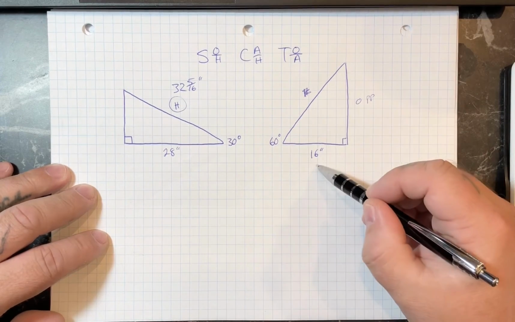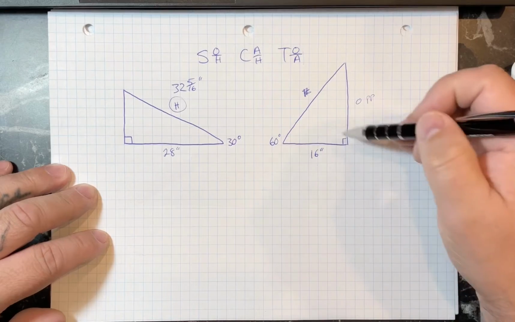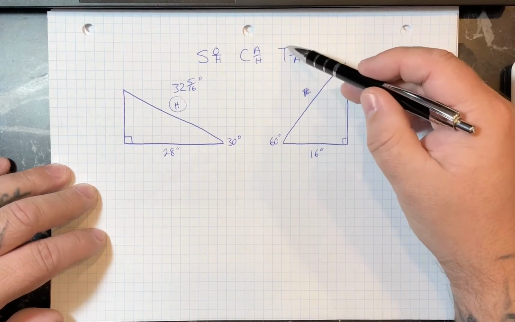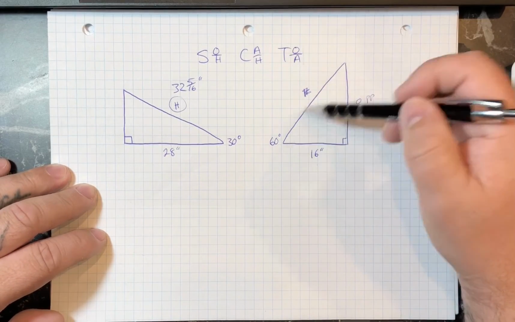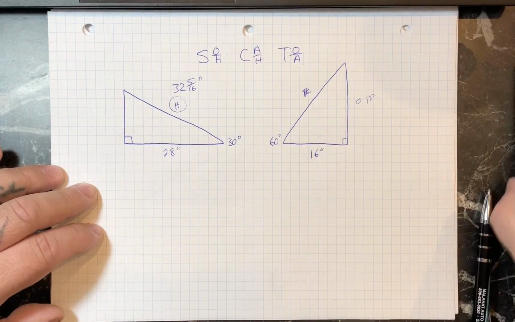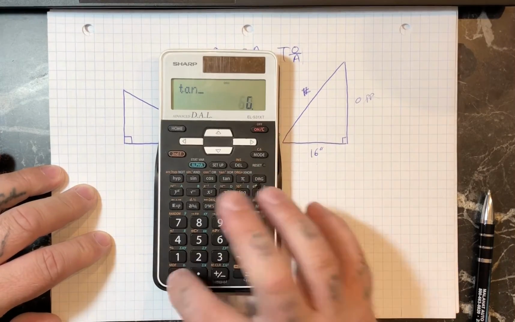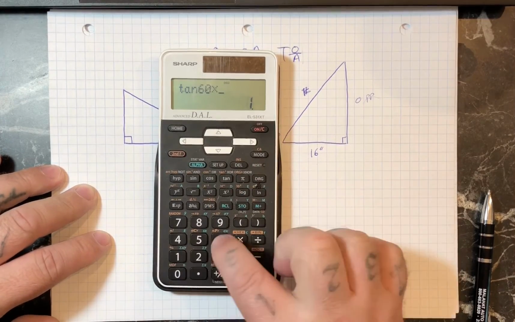So O and A, that's going to be a tan function. So this one you'll see I'll be actually multiplying. So it's going to be tan 60 times 16 to give me the opposite.